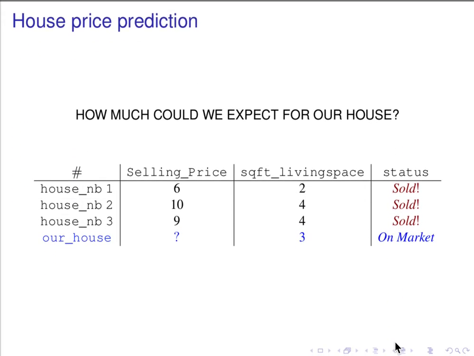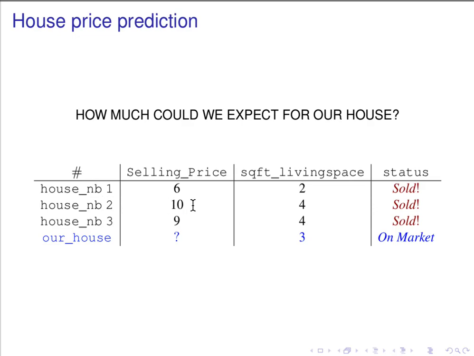Okay, so here, house price prediction. How much could we expect for our house? We've not yet sold it, but we see 3 houses here in my little data set sold, and they are, say, in the same neighborhood, and selling price is 6, whatever the units are. The living space in square feet is 2 for the first house.